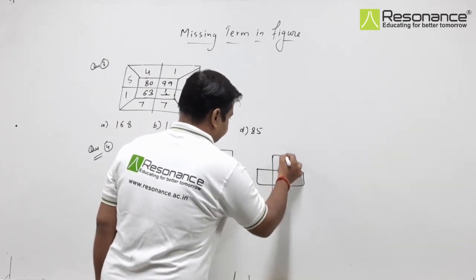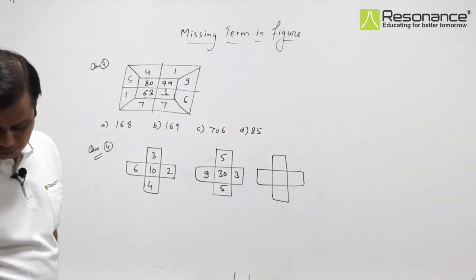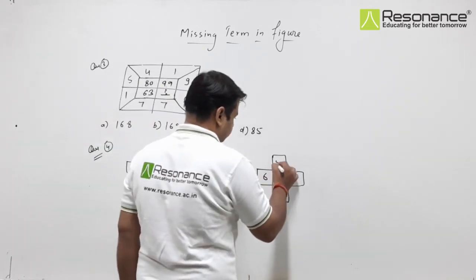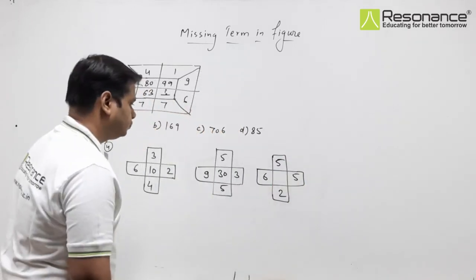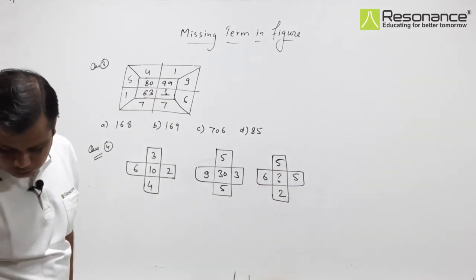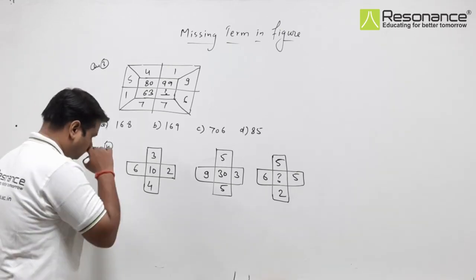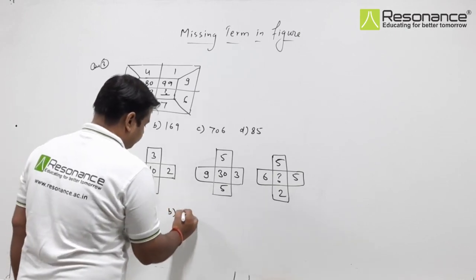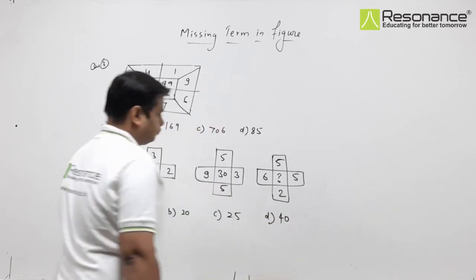Next, 6, 5, 5, 2, question mark. The options are 15, 20, 25, 40.